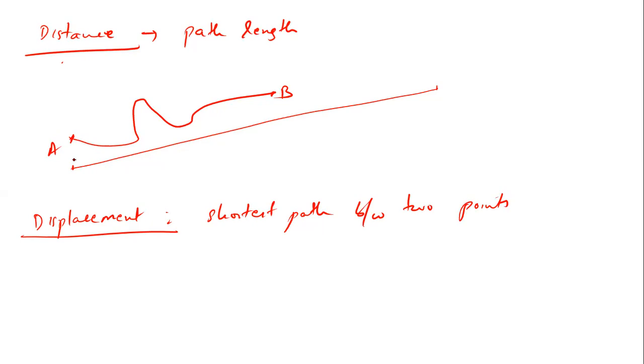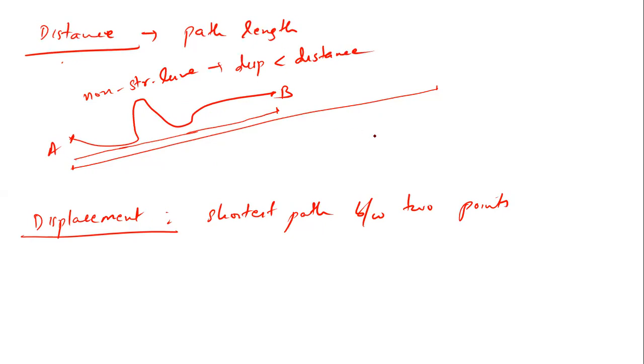Now you just join a line connecting point A and point B, and this will be your displacement. So as you see, when a particle moves in a curved path or not in a straight line path, then in that case, the displacement will be less than the distance. This is one thing which we can say here.